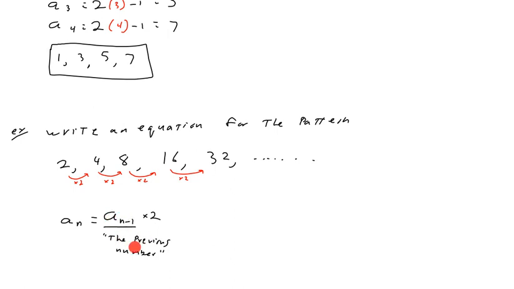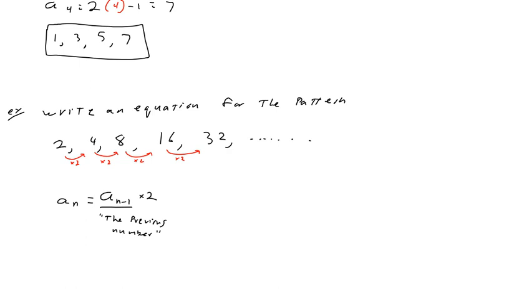So this special piece here, we have another special term here we call a sub n minus 1. This is the previous number. And this is a way we can describe this pattern. And since we use this special previous number, we call this a recursive formula.